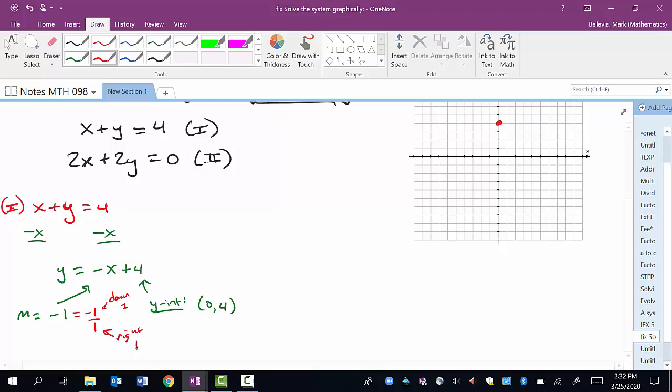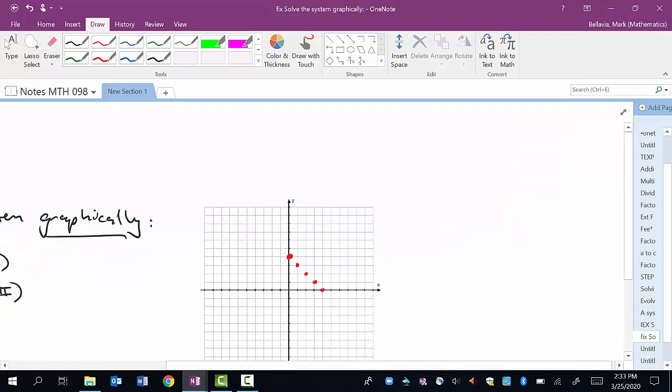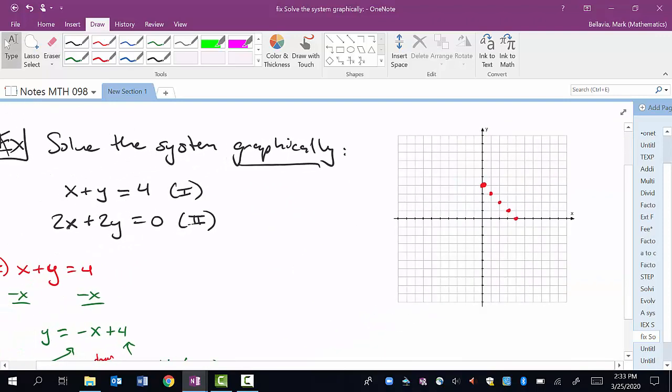So starting at the point you have, 0, 4, you're going to go down 1 to the right 1, down 1 to the right 1, and so on. You could do this the whole way through. And once I have that on there, I'm ready to draw my graph going through that. So this was equation 1.